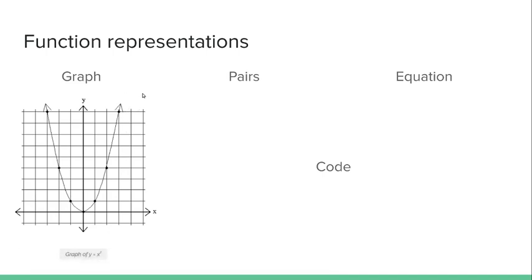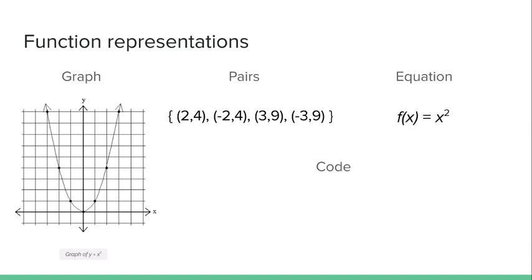So this is a graph of a parabola, which is the graph that we get for f of x equals x squared. We can also represent a function as just a number of pairs. But if our domain is infinite, like if our domain, for example, is all integers, then we would be writing pairs forever. So writing pairs isn't necessarily the most efficient or practical way to express a function. But we can express a function in terms of the pairs that are produced by applying the function to a domain.